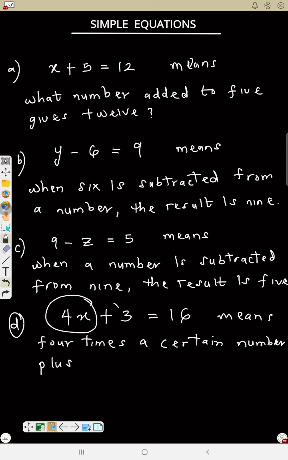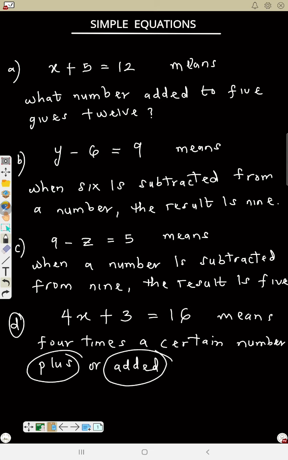plus 3. So 4 times a certain number plus or added. If you say plus or you say added, it is the same.